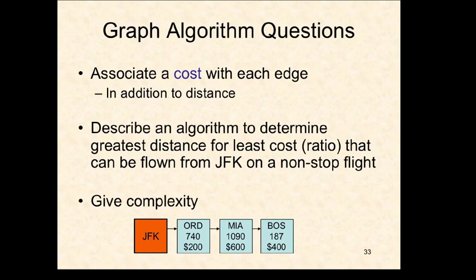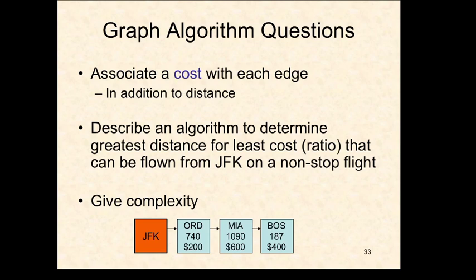Okay, now what if we change our data a bit? What if I had 2 values associated with every one of these? So each edge now has 2 values. One is a distance, one is a cost.